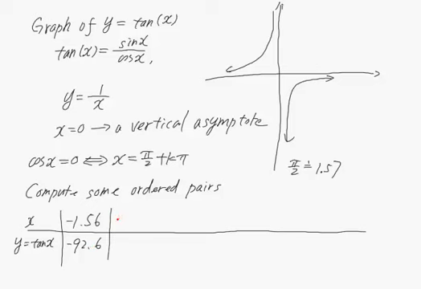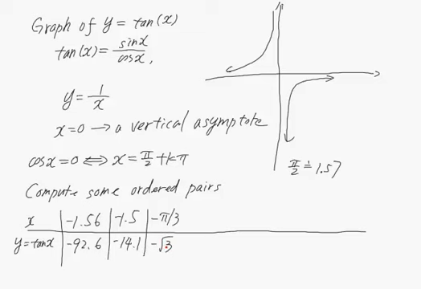And then let's take x to be negative 1.5. Then tangent x is equal to negative 14.1. And then let x be negative pi over 3. Now, what is the tangent x? Tangent of negative pi over 3 equal to what? First, let's determine the sign is negative, right? Then what is the value?